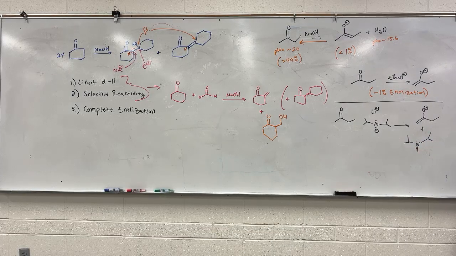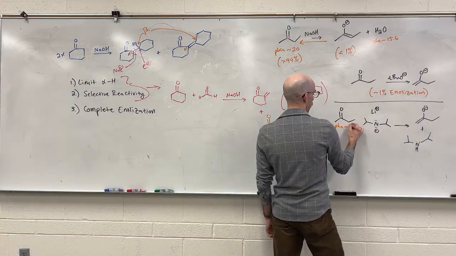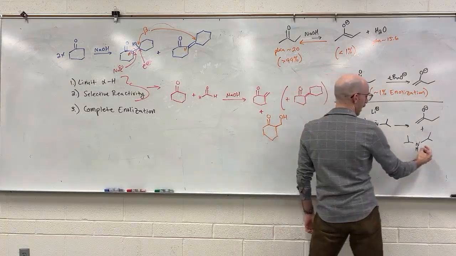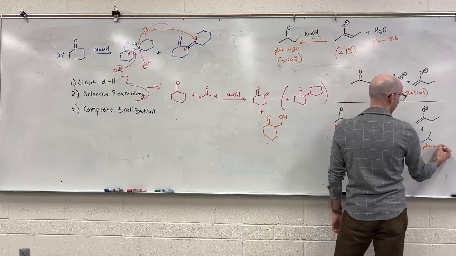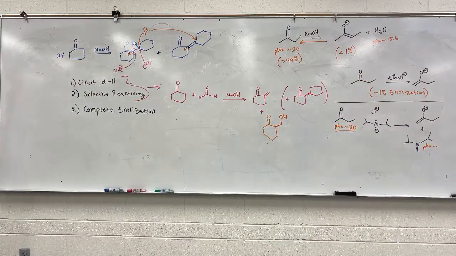an amine. Once again, pKa around 20, but now my conjugate acid has a pKa. Any idea? Where is the pKa of an amine? We covered it in OChem 1. We took advantage of the pKa of amines to deprotonate alkynes.